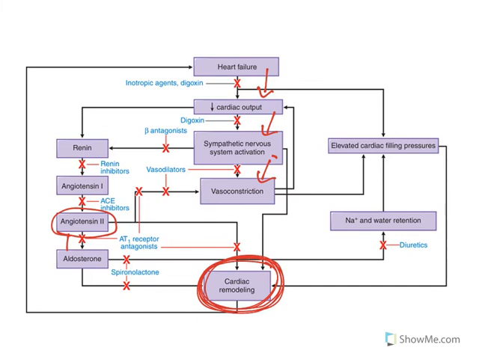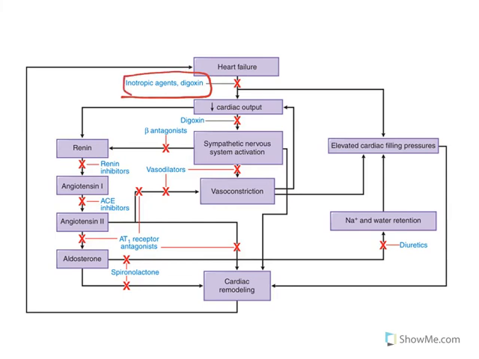Now, depending upon the condition, drugs are used. If cardiac output is very low, inotropic agents like digoxin are used. If sympathetic nervous stimulation is very high, beta antagonists are used. Similarly, if vasoconstriction is causing damage, vasodilators are used. Now, to avoid cardiac remodeling, ACE inhibitors and ARBs are used. Again, to reduce the fluid accumulation, diuretics are used.